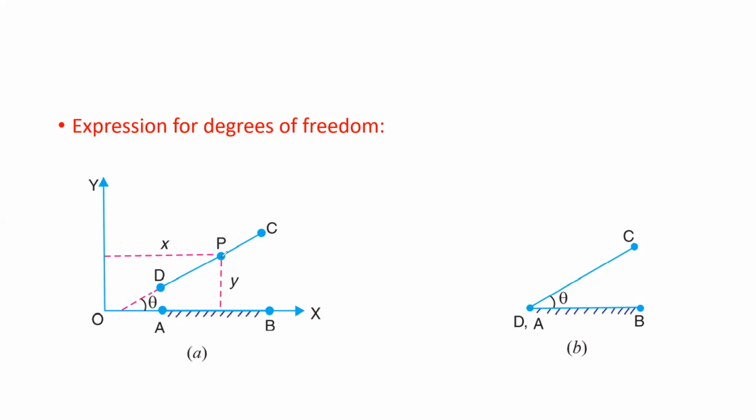But you cannot completely locate the link, because even if you provide the X and Y coordinates of point P, what about the other points? Consider this link CD like this also.